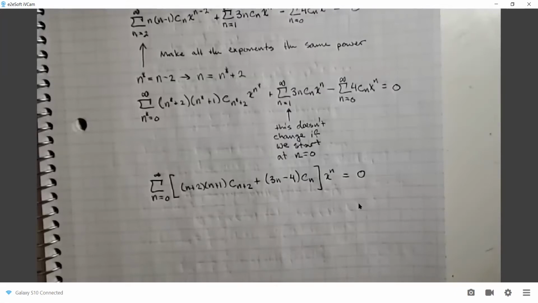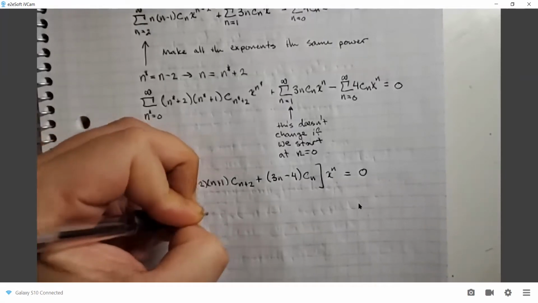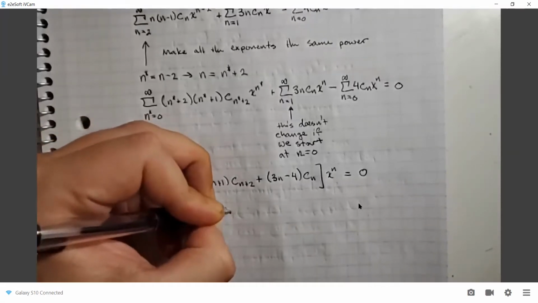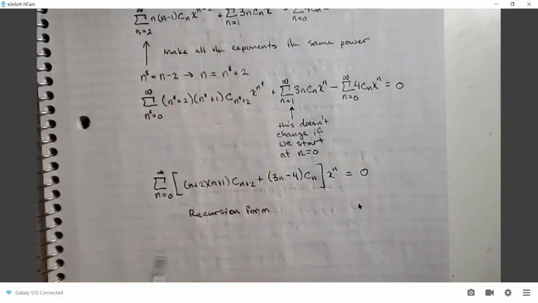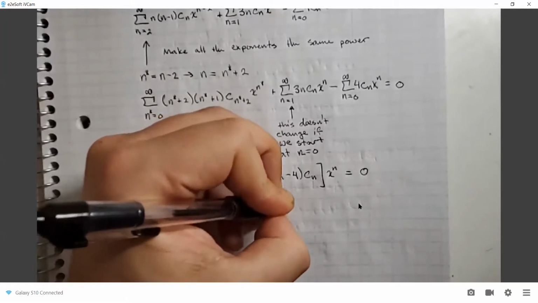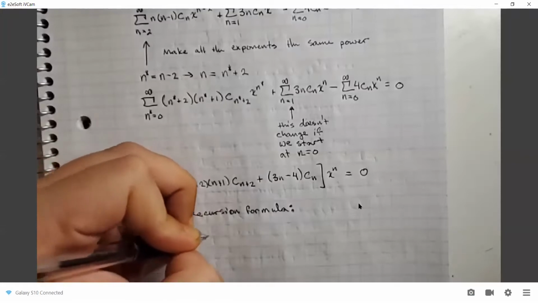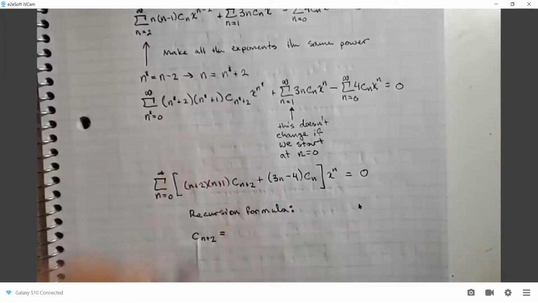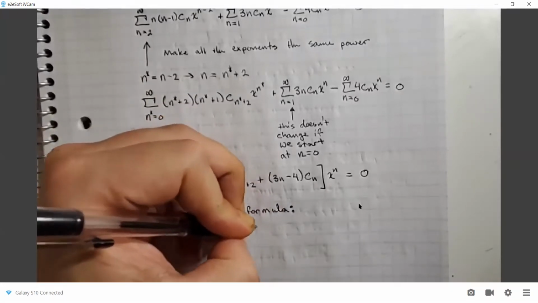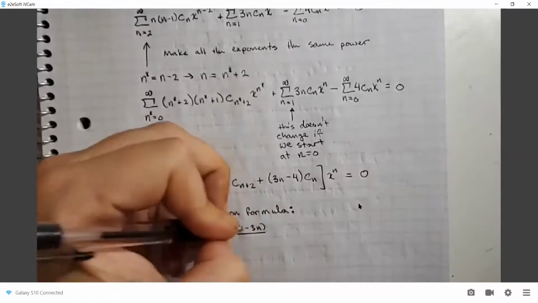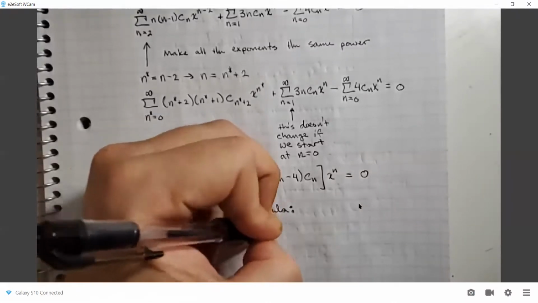So our recursion formula: we just set the coefficients, the stuff in the brackets, equal to 0. And then if we solve for c sub n plus 2, that would be 4 minus 3n divided by n plus 1 times n plus 2 times c sub n.